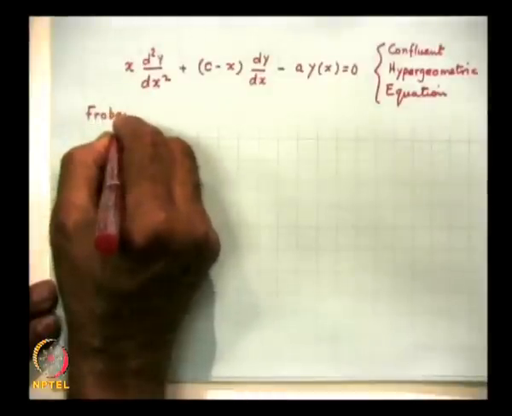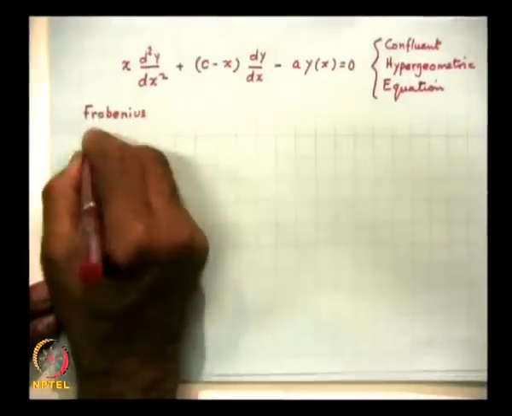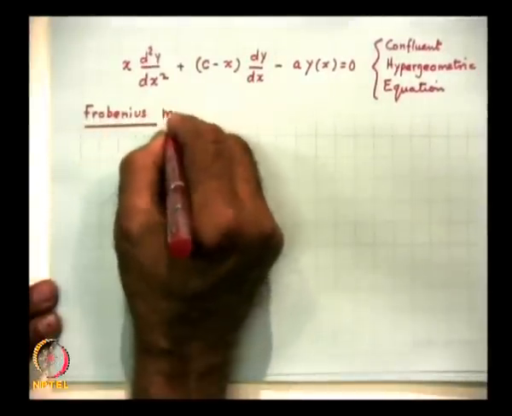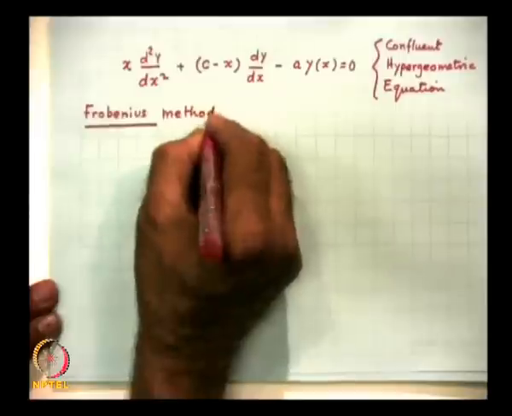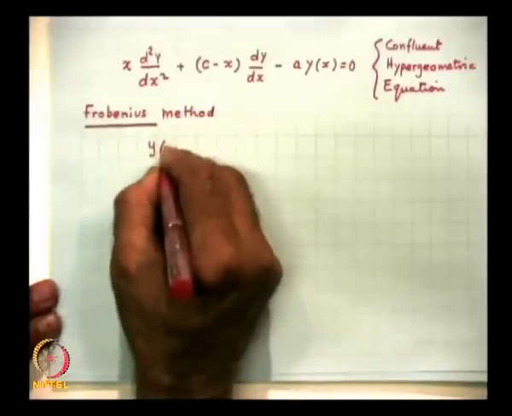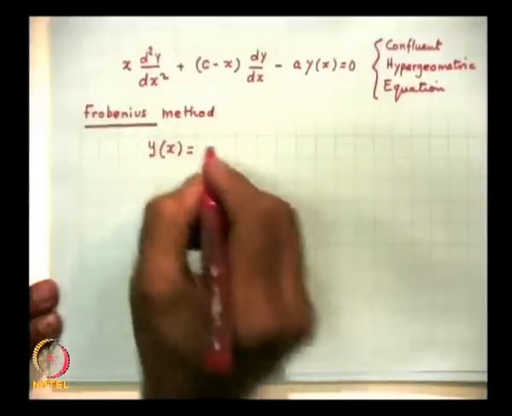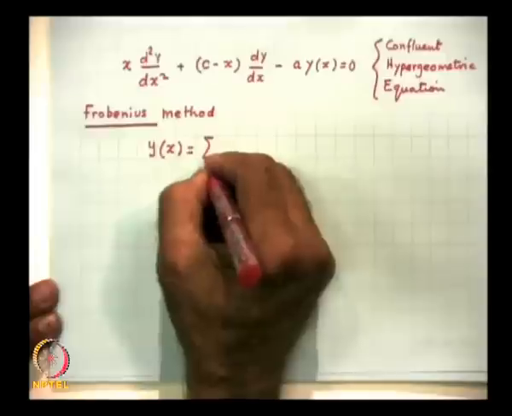So, we will use the power series method, which most of you may have already studied. This is also known as the Frobenius method. The method involves making a power series expansion of y of x in powers of x.